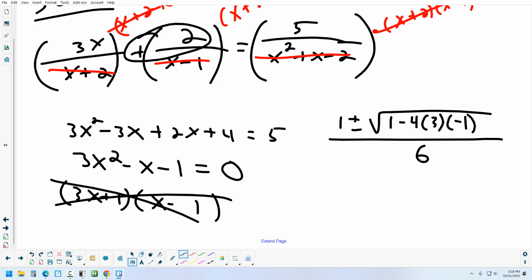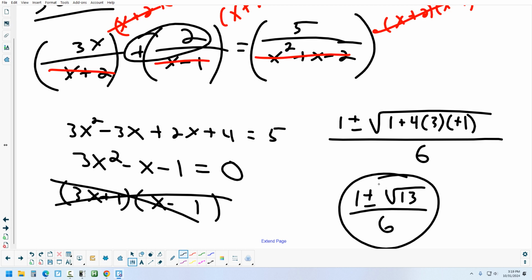Okay, what's going to happen when we subtract a negative number under the root? We're subtracting a negative. It's going to turn into a positive. So we can do that right away. What do I get for my radicand there? 1 plus 12. Yep, which would be 13.